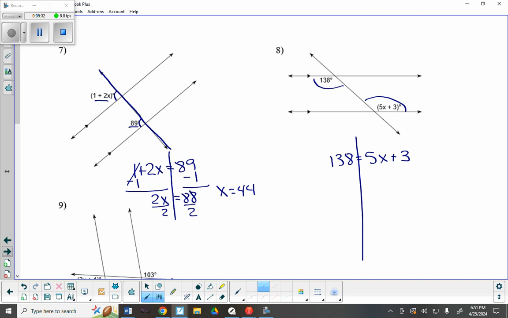So first get the x term by itself, so we will subtract 3. And then we will divide by 5. So x is equal to 135 divided by 5, which is 27.